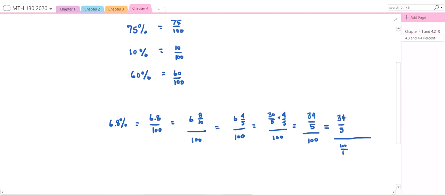And if I wanted to get rid of this denominator, I could multiply this whole thing by the fraction 1 over 100 times 1 over 100.